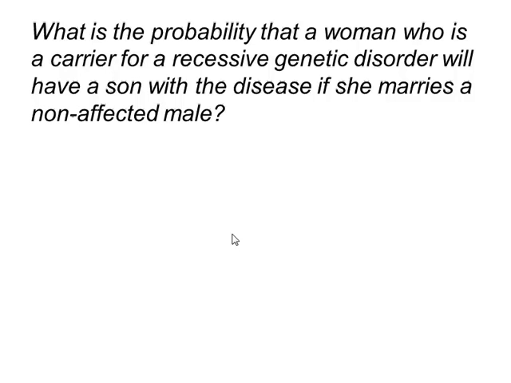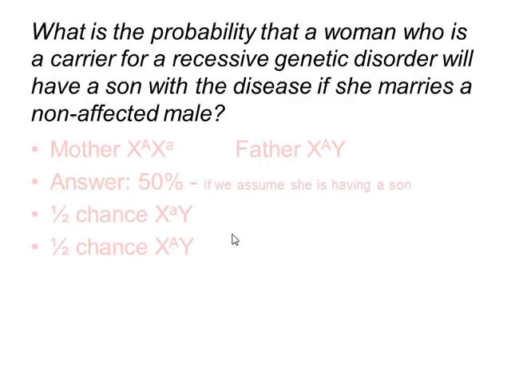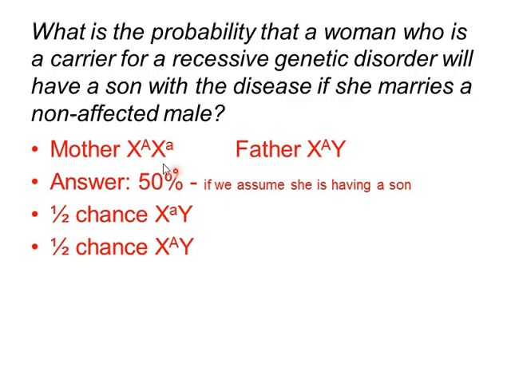Alright, what's the probability that a woman who's a carrier for a recessive genetic disorder will have a son with the disease if she marries a non-affected male? So we have our mother, who's a carrier this time, and a father who does not have the trait.